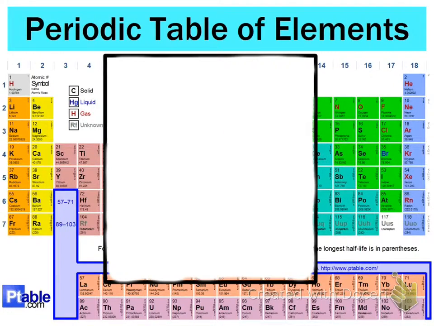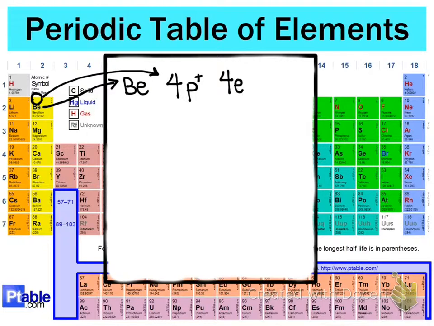Now I wanted to look at just a few examples of looking at the periodic table elements and determining number of protons, neutrons, and electrons. So let's start with Be. Okay, this number on top, that 4, that is your atomic number, which means that is the number of protons. It is also the number of electrons.